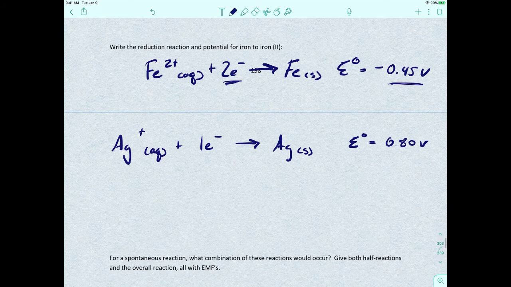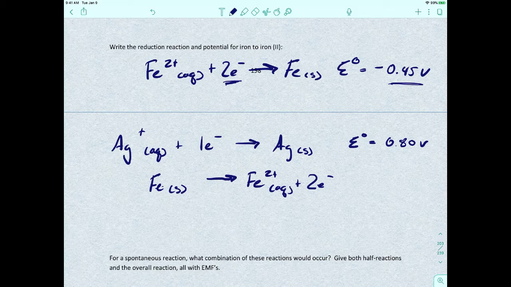Okay. Now what I'm going to do is flip the second reaction. Because remember, the electrons can't be on the same side. So I'm going to write solid iron gives us Fe2 plus and 2 electrons.